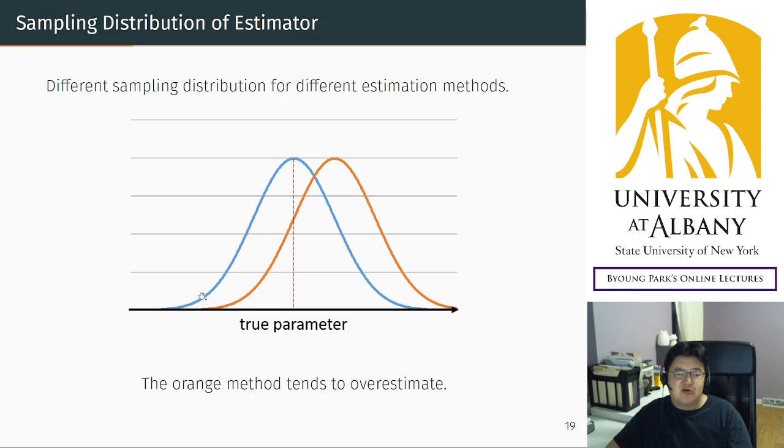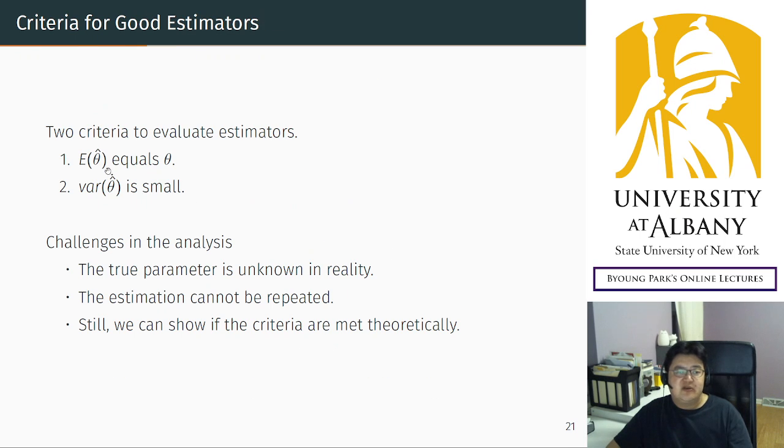The center of the estimator's sampling distribution should be at the true parameter, which means the expected value equals the true parameter. So the center is an interpretation of the mean. The expected value of the estimator should equal the true parameter. That was the first criterion.